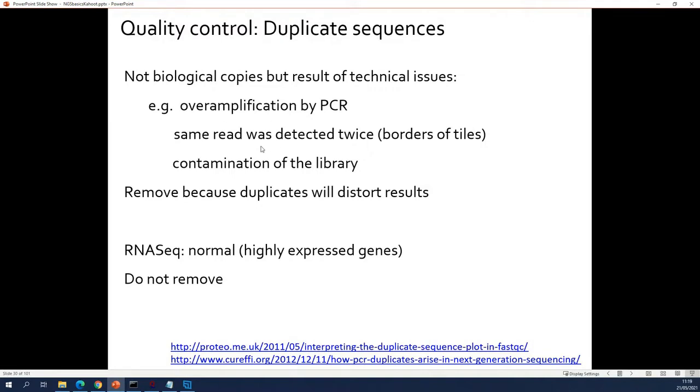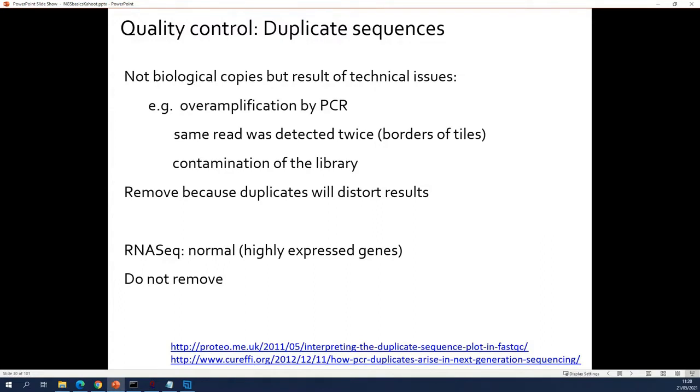You can also have a cluster on the border of multiple tiles. It will be analyzed multiple times, once for each tile that it belongs to. So it will generate the same sequence because it's one cluster, but it will occur multiple times in your FASTQ file. And then lastly, contaminations. I will come back to that. They will also give rise to a lot of duplicates in your FASTQ file.